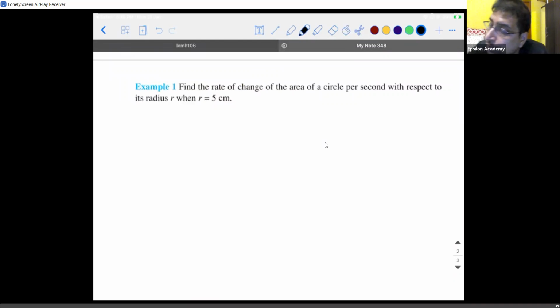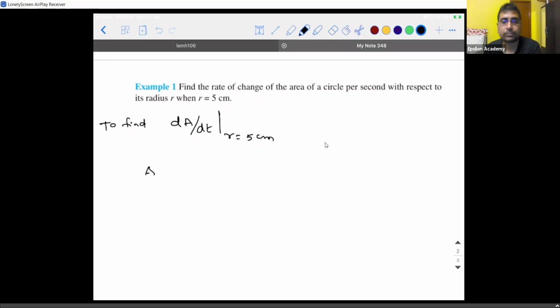Find the rate of change of area of a circle per second, the rate of change of area with respect to second, dA by dt, when r is equal to 5 centimeter. You're able to understand that line when r is equal to 5 centimeter.